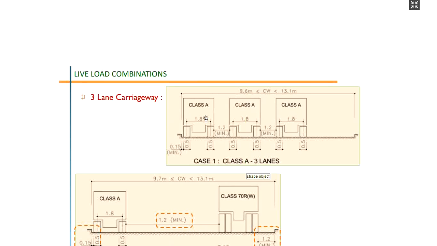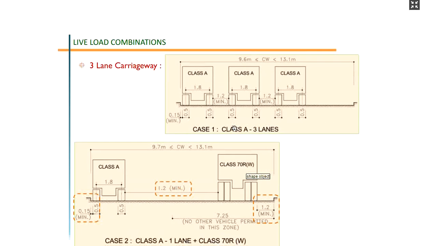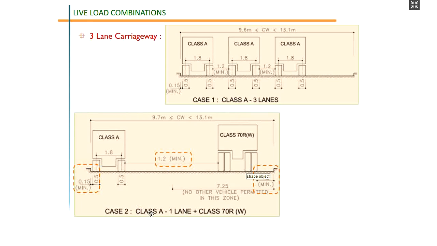Similarly, if we take the 3 lane carriageway, then it can accommodate class A in 3 lanes. If we take 3 lanes, then it can also accommodate class A in 1 lane plus class 70R, which requires 2 lanes. So that way also we can accommodate the vehicles.